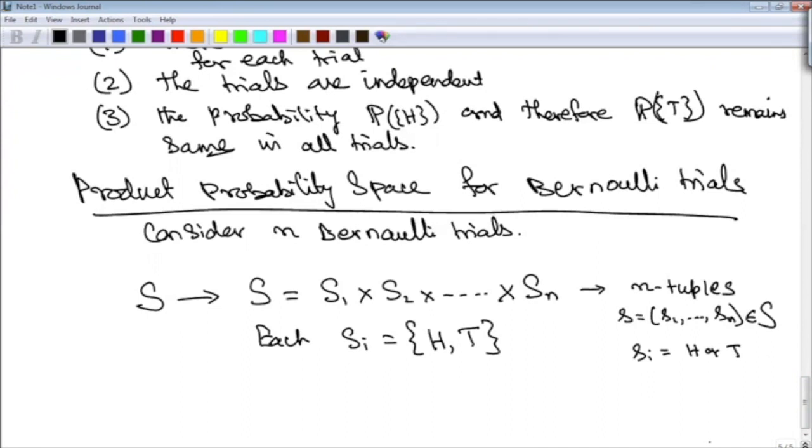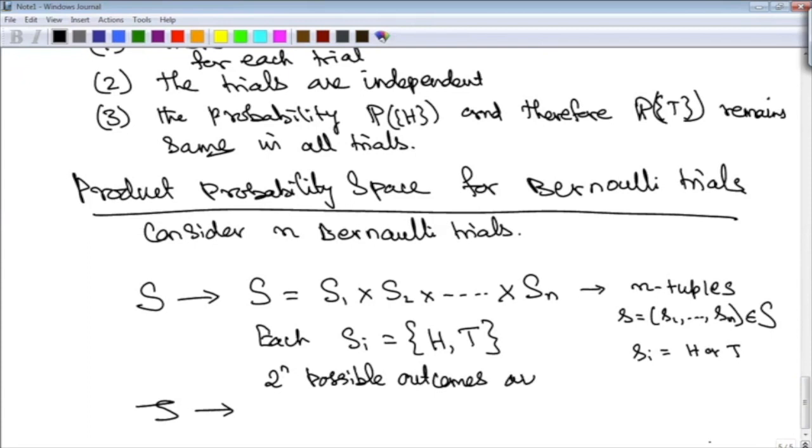So what is the sigma field? Since it's countable, in fact finitely many elements are there, you have 2 to the power n possible outcomes.